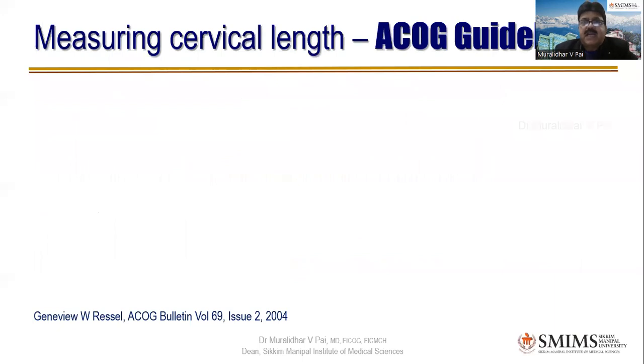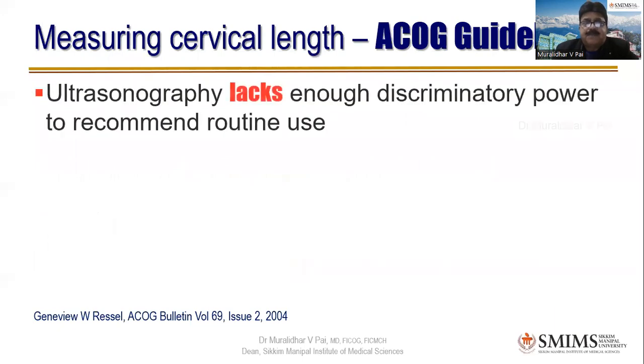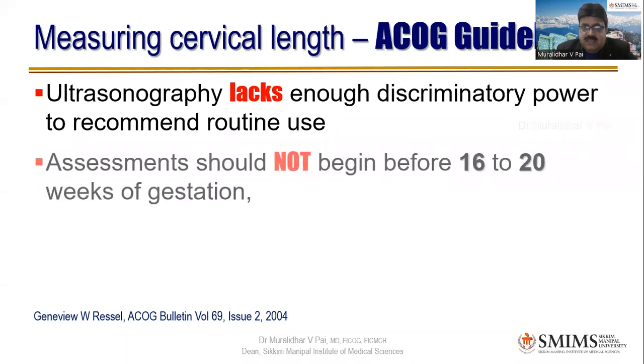Measuring cervical length, as per ACOG guidelines, ultrasonography lacks enough discriminatory power to recommend routine use. So just because you are dealing with a case of probably cervical insufficiency because of her past history, you cannot say, I want to do ultrasound right from the beginning or every week. Assessment should not begin before 16 to 20 weeks of gestation.